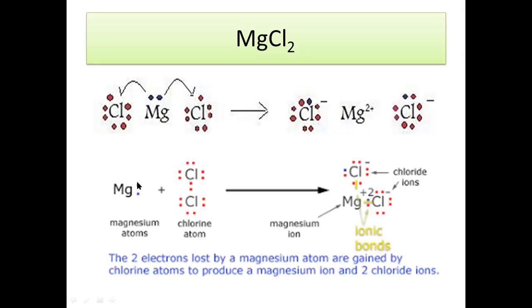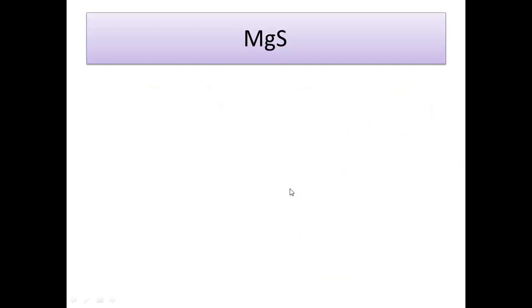And this is the example written over here in the dot structure. There is no difference between these two examples, but it is clearly written over here how they are going to form the bond, and it is also indicated over here. So this is all about our ionic bond formation.